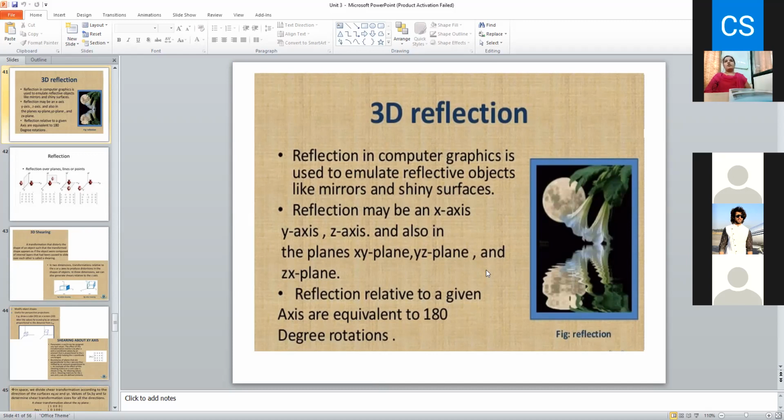So all these 4 are the cases with 2D reflection. Similarly, in 3D reflection also, there are 3 cases: reflection about the xy plane, reflection about the yz plane, and reflection about the xz plane. So there are 3 reflections with 3 planes. In short, I will show you the diagram.